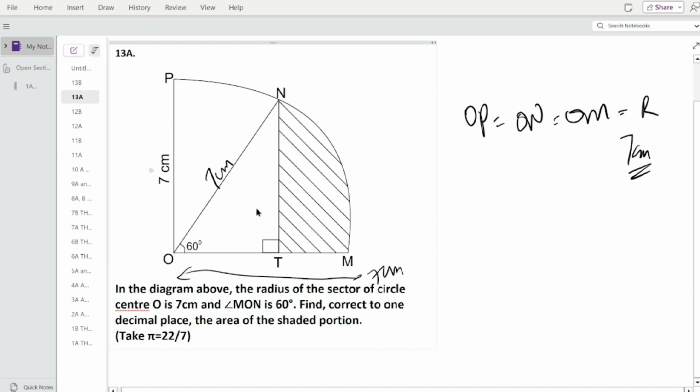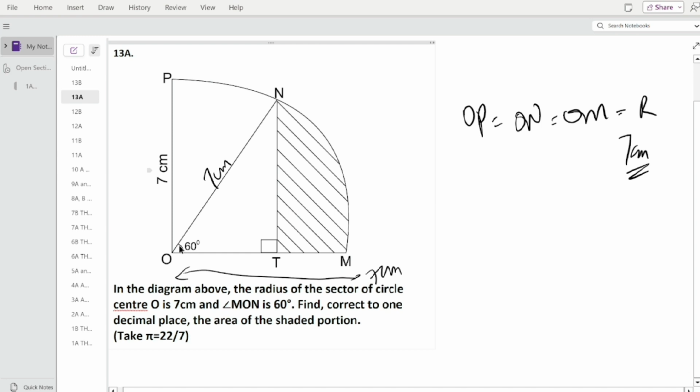For example, let's say the area of this sector is 20 centimeters squared. The area of this triangle should be less, let's say 15. To get the area of the shaded region, you take the area of the triangle away from the area of the sector, which will be 20 minus 15, which gives us 5.